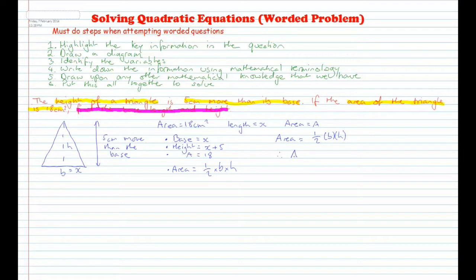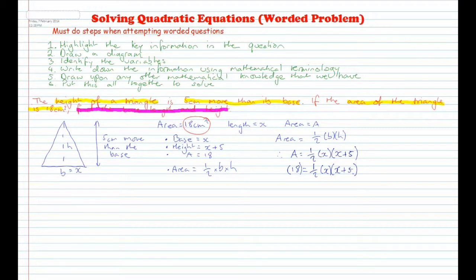Therefore, area being A is equal to half times base, now our base we called x, times height, now our height we called x plus 5. And of course we know that our area that it says in the question is equal to 18 centimeters squared that you can see up here. So instead of writing A, what we can do is write 18 in brackets is equal to 1/2 x times x plus 5.